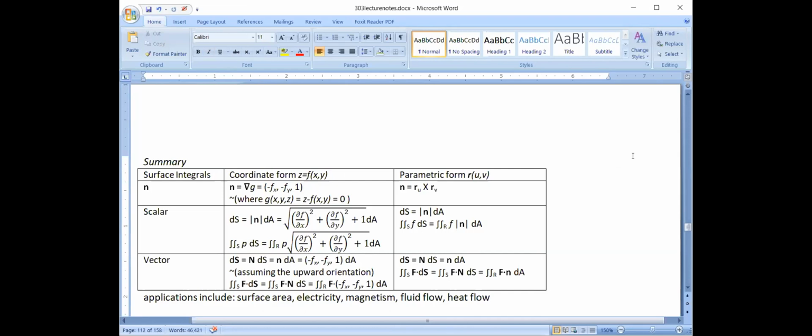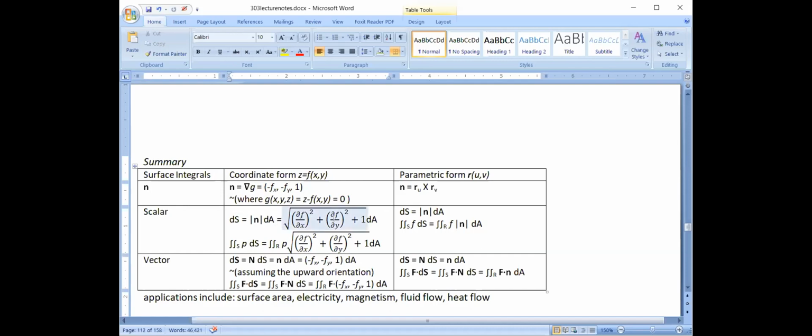Next, how do you do a scalar surface integral? First, you're going to need to know how to convert your dS parametrically. In either case, you're always writing it as the magnitude of the normal vector times dA.